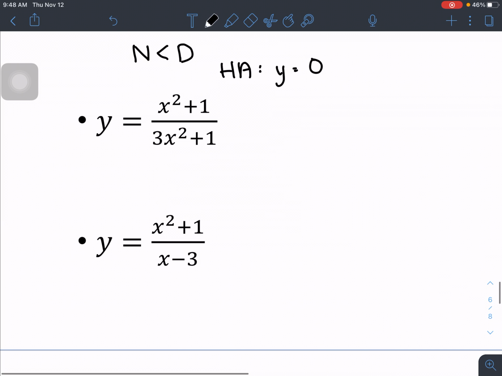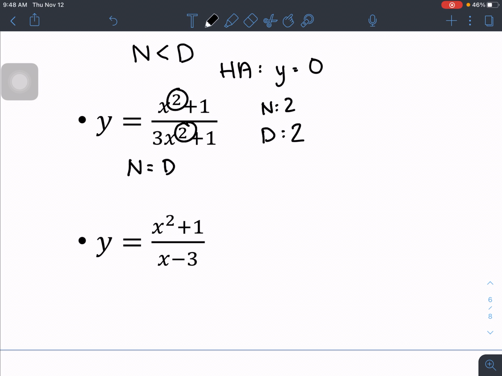Next one, let's compare this one. If the degree of the numerator is 2 and the degree of the denominator is also 2, it turns out that the numerator is equal to the denominator in terms of degree.